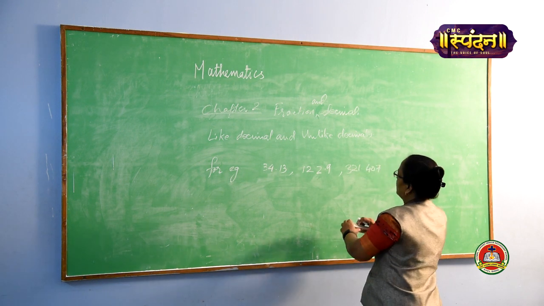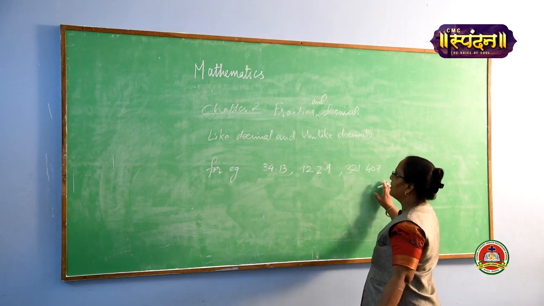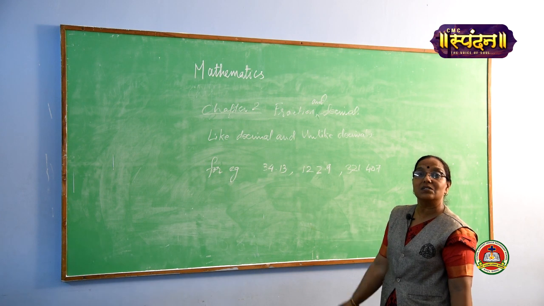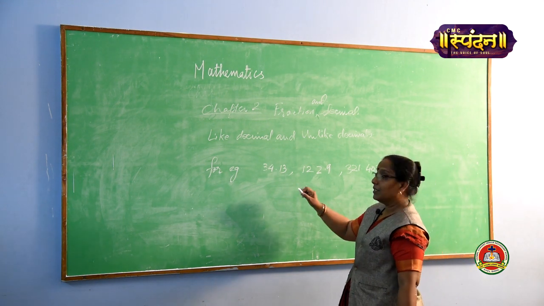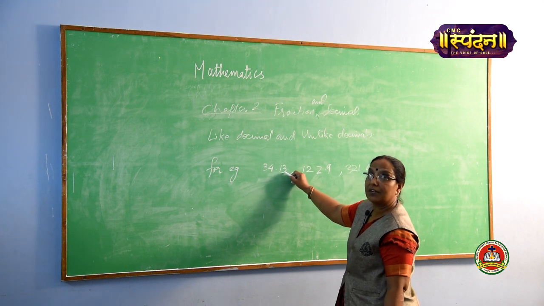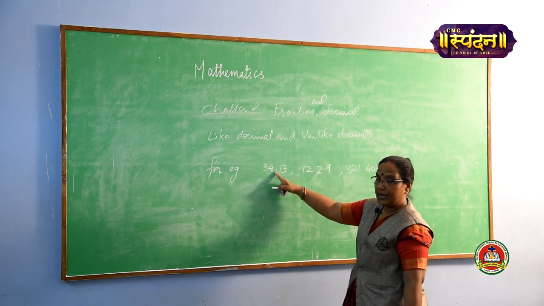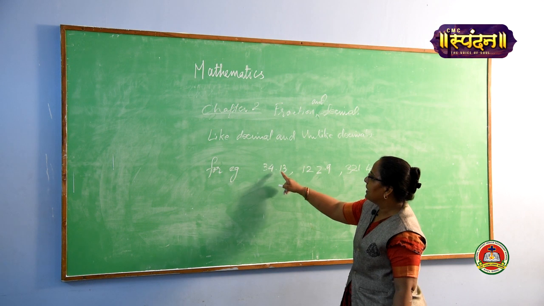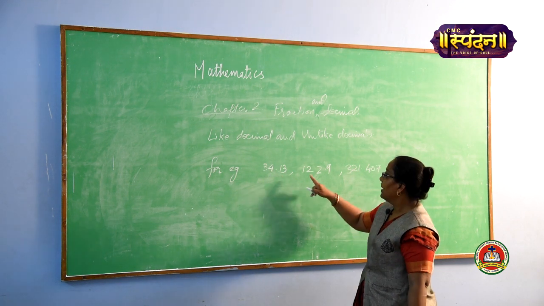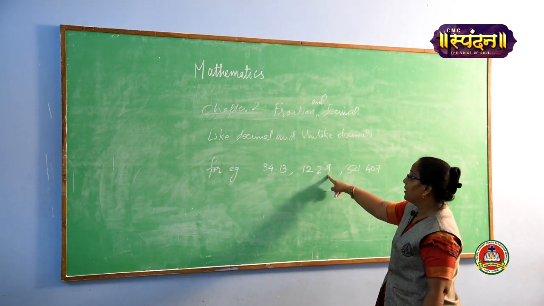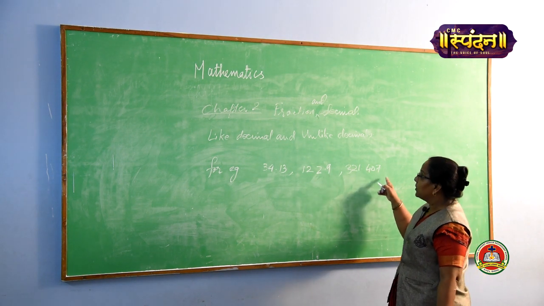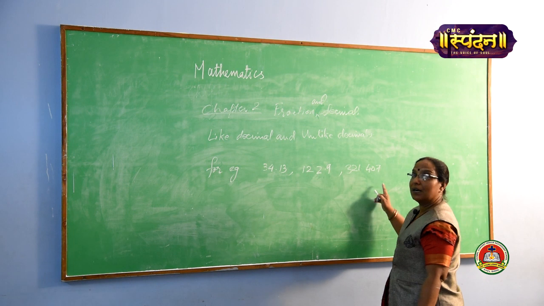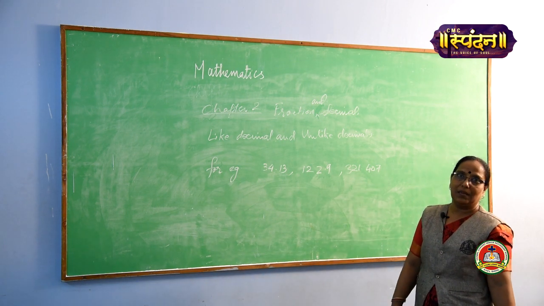Let me see whether these three numbers are like decimals or unlike decimals. For that, you have to count the number of digits after the decimal. In the first number there are 2 digits after the decimal. In the second there is only 1 digit. In the third we have 3 digits. So that means these three numbers are unlike decimals.